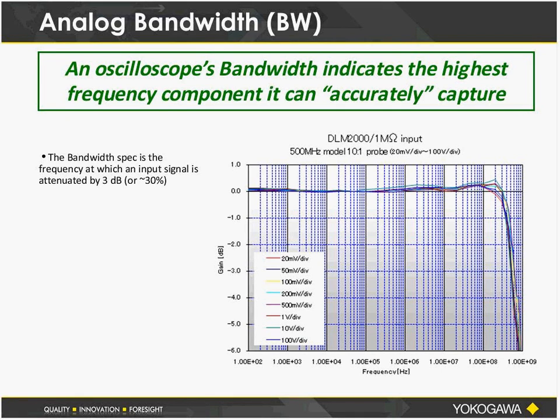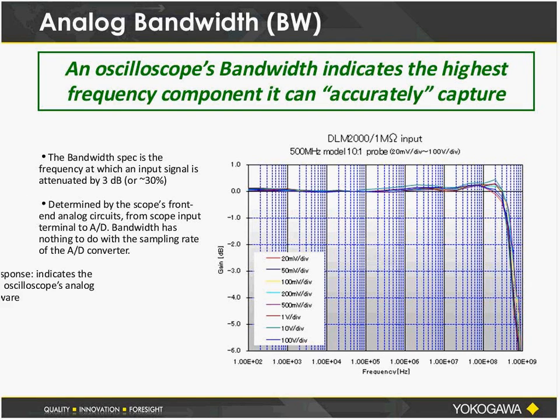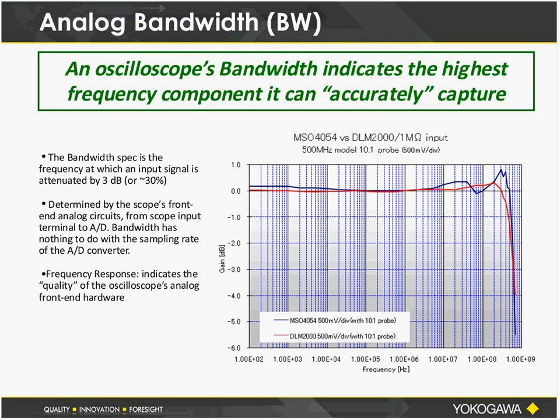So the only way to get a good look at that is by looking at a frequency versus gain plot that may be supplied by the manufacturer. Here's one that I'm showing from Yokogawa, and I'll also show one here which is Yokogawa compared with a competitor model, which is in blue, that you'll see has a little bit of distortion at the higher frequencies towards its specification.